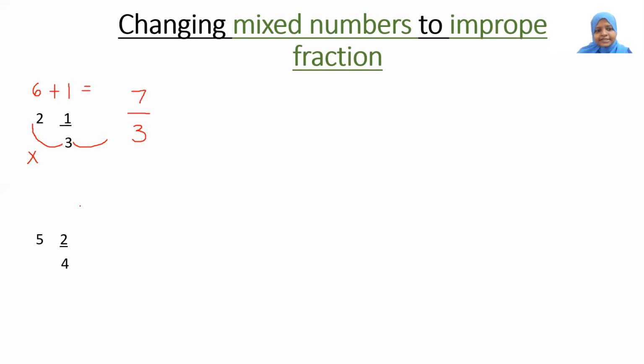Now I'll do this example again. You multiply the denominator and the whole number, which makes 20 here, since 5 fours are 20. With that, you have to add the numerator 2, so it becomes 22 here. Then you write the denominator 4 down here. That's all, simple as that. You can practice these sums more at home.